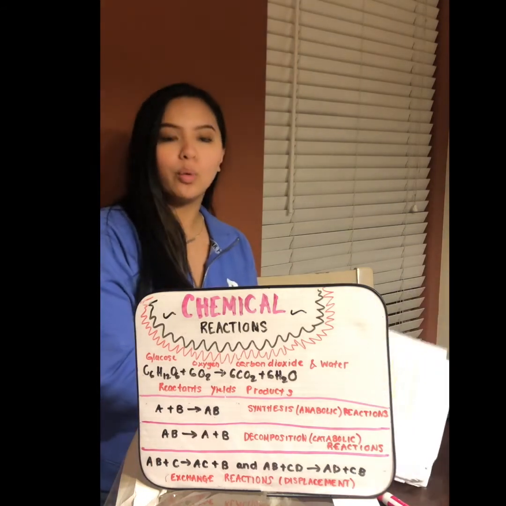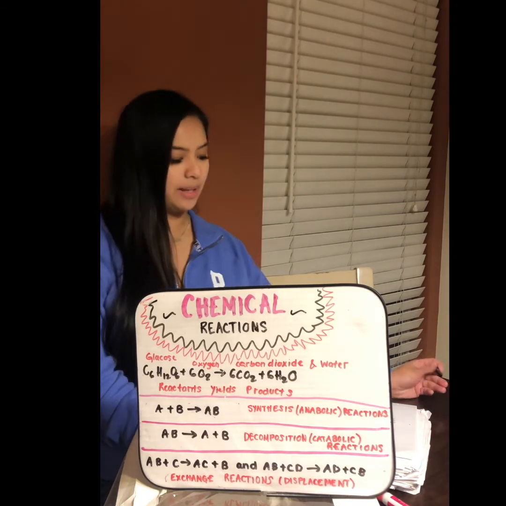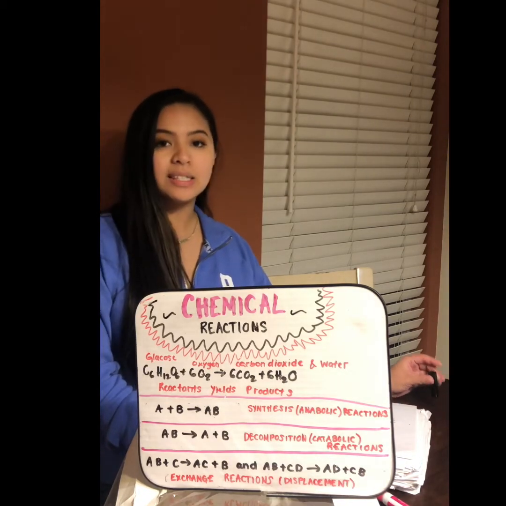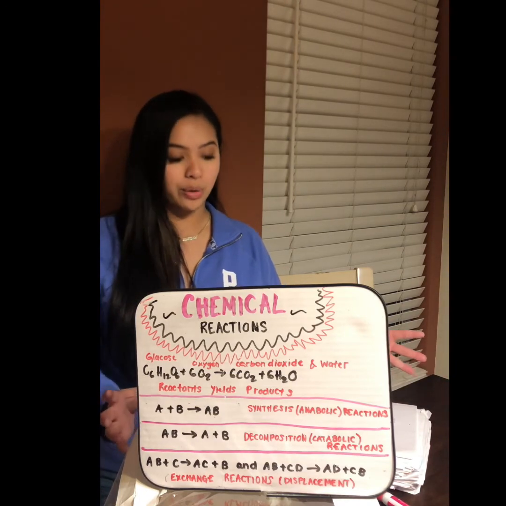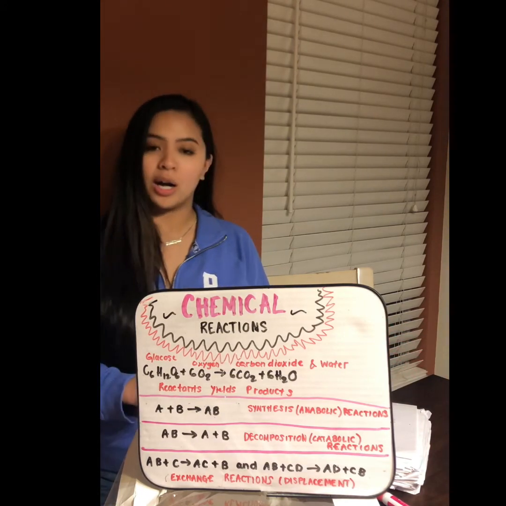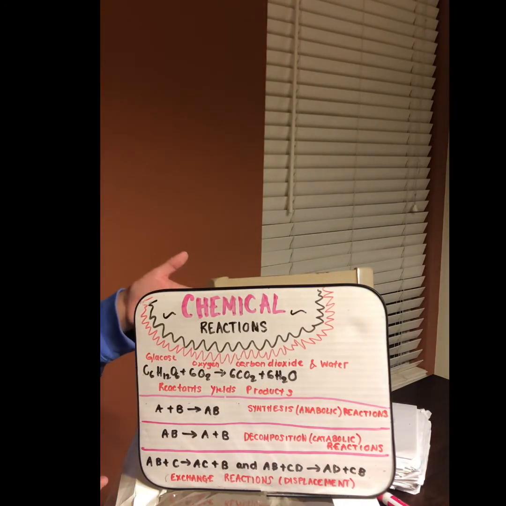The third type of chemical reaction is an exchange reaction, also known as displacement. It involves synthesis and decomposition, so bonds are both made and broken and it produces different product molecules. In this case, we can get AB plus C makes AC plus B, or AB plus CD makes AD plus CB.